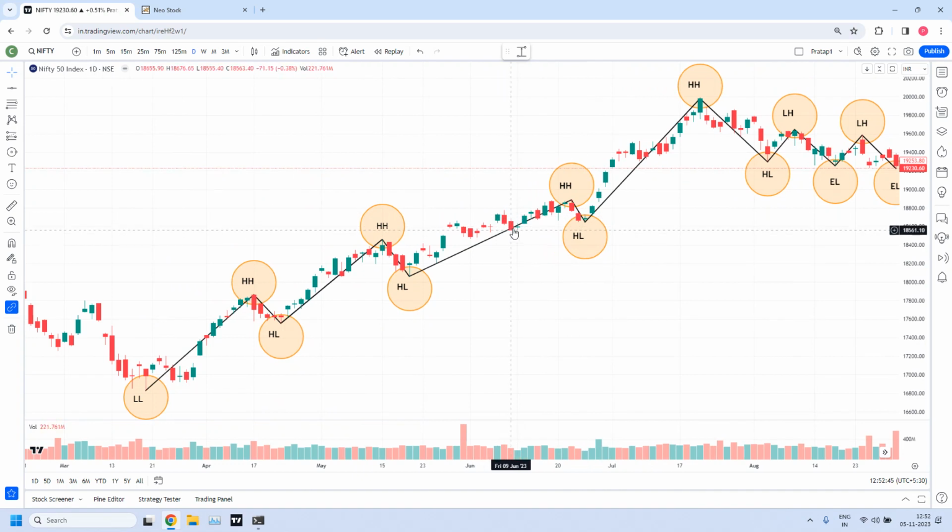But in these small things, the minimum may be narrowly missed. Maybe a few more points if prices went down, maybe we would have considered this a considerable down move and marked this as the swing high at this point.